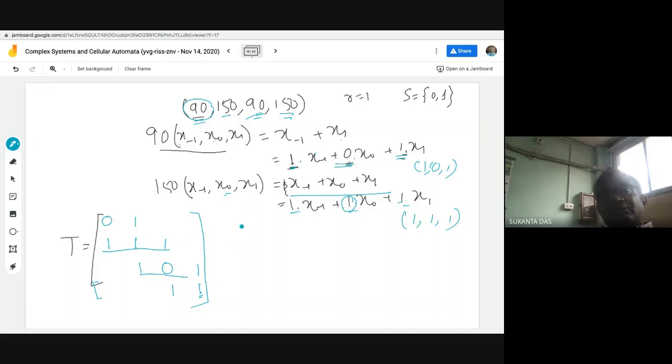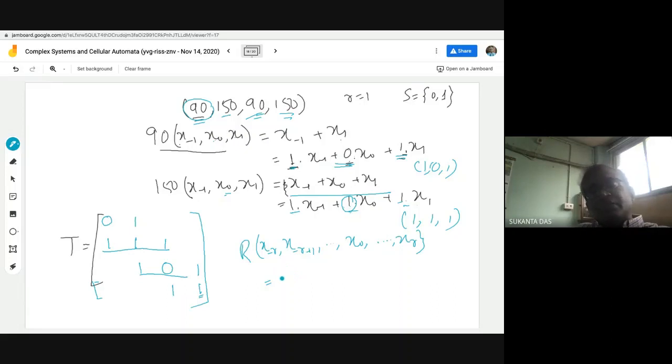Recall what I have written here, that for cell I, let me remove that I, just R I am writing. So R is a linear rule of radius small r. Then how does it look? It will have x minus r, x minus r plus 1, dot, x0, x r as the arguments.